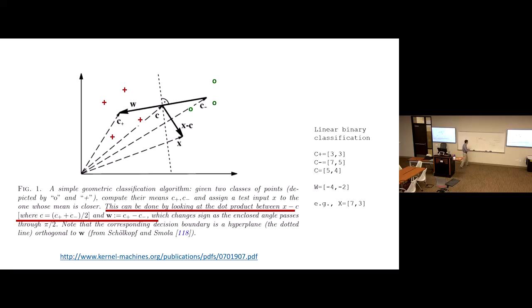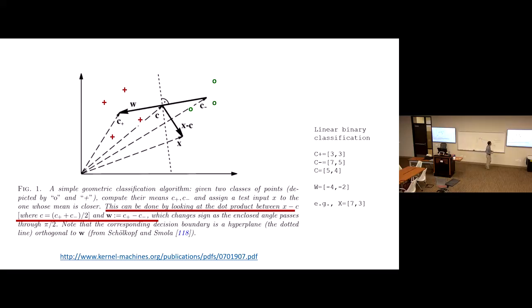The new input data comes in, and this is called X. Our job is to see whether this newly arriving data belongs to the red group or the green group. So how does this classifier work? You compute the difference between X, the new data, and the center C. Basically you compute a vector here using C minus X, or X minus C, it's all the same.